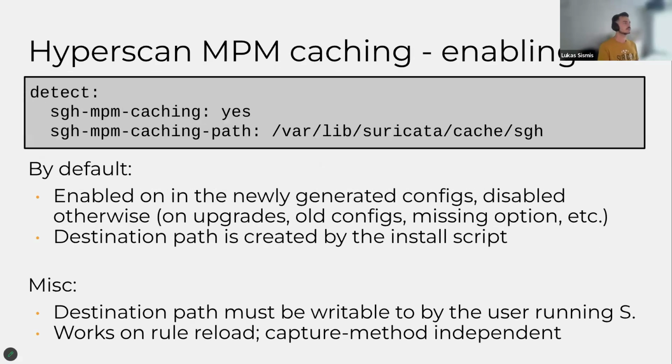The first feature is the Hyperscan NPM caching. NPM is the multi-pattern matching phase in Suricata, which extracts basically one content from each rule and tries to match it.